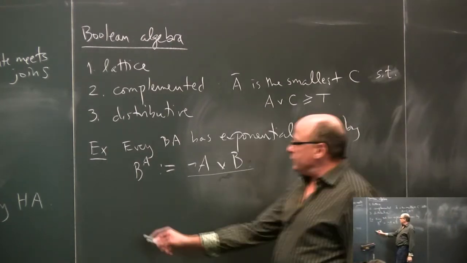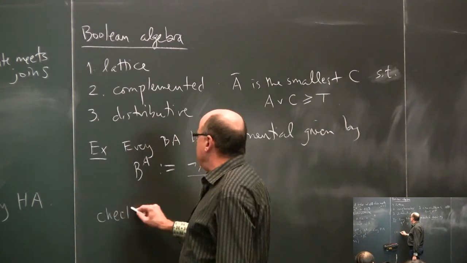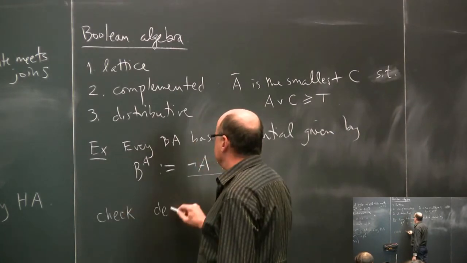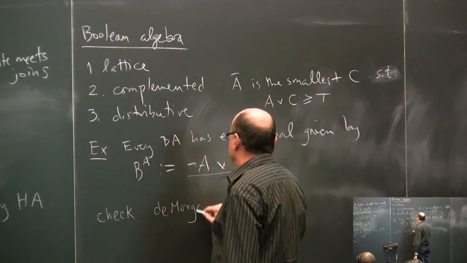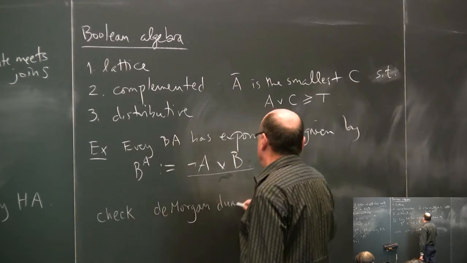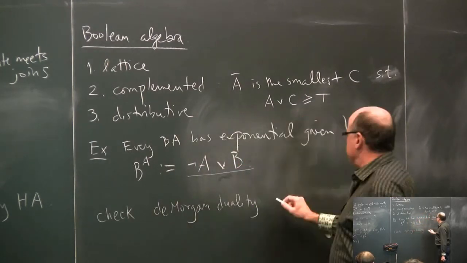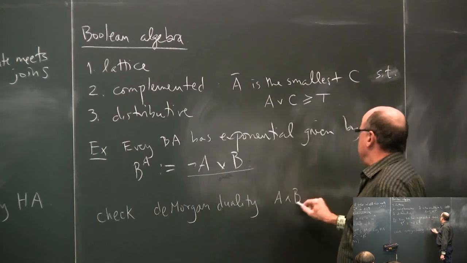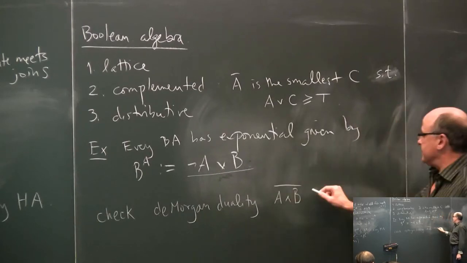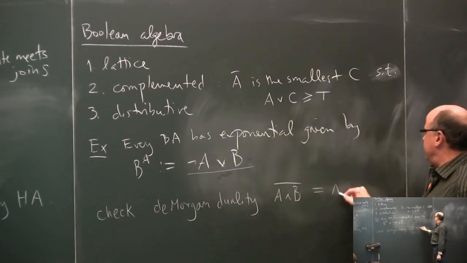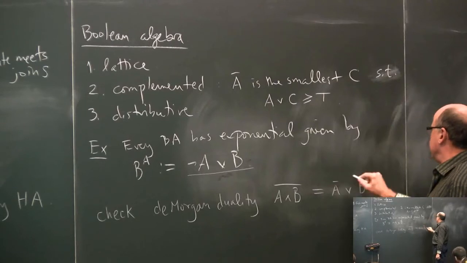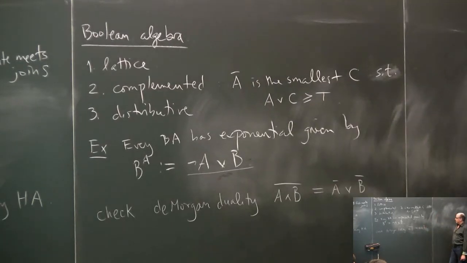You can also check various things like De Morgan, what is called De Morgan duality, which would tell us, for example, that you can prove the complement of A and B is the join of the complements, and dually the other way around.